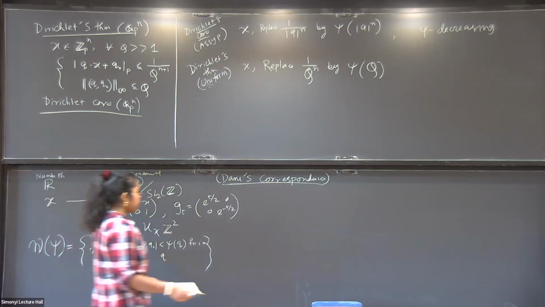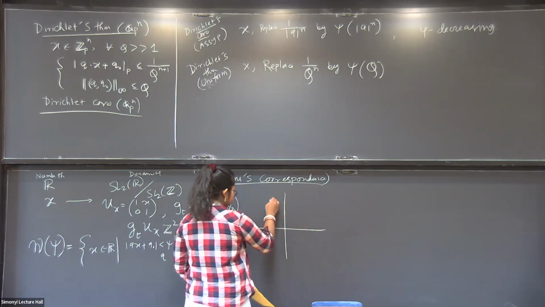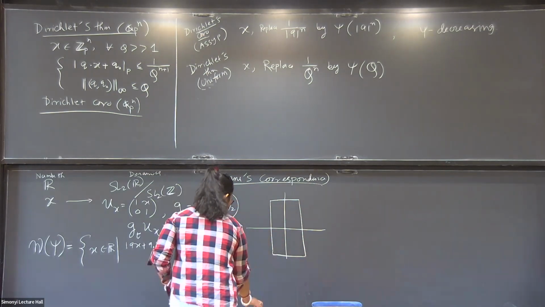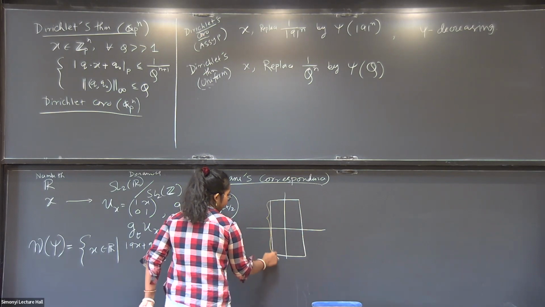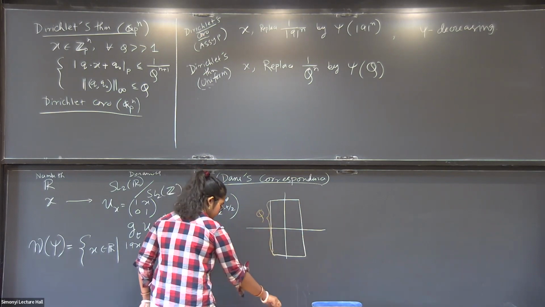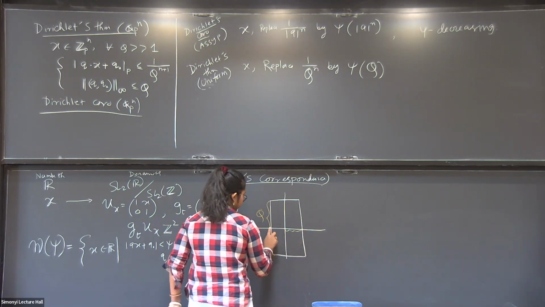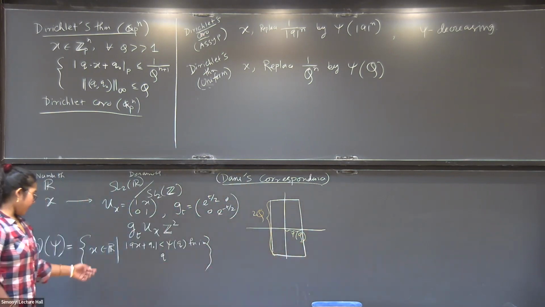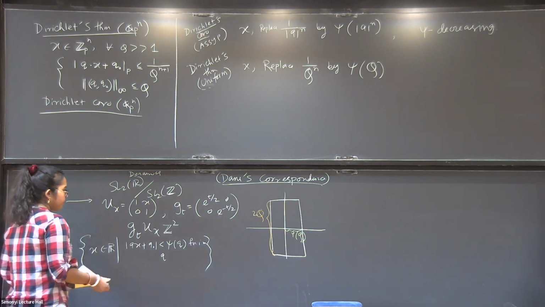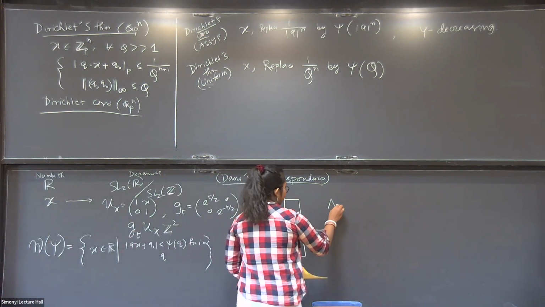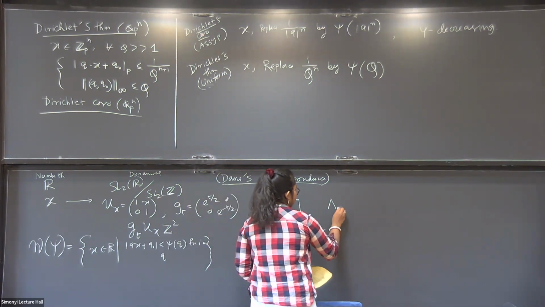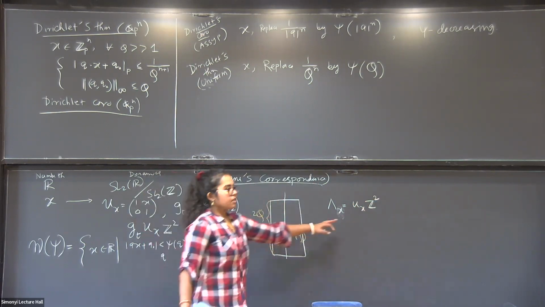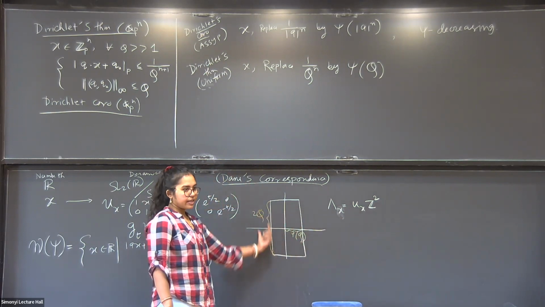It means that if I draw this rectangle, let's say the length of the y part is capital Q, and the length of this is Q, 2Q, and this is Chi Q. So saying that this happens means that this point, this lattice, comes back to this rectangle again and again.